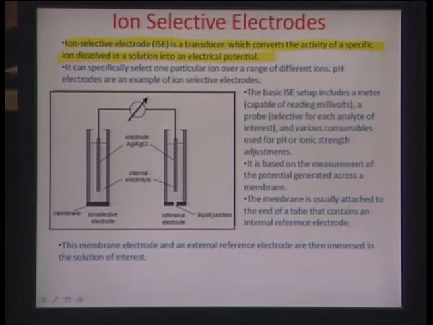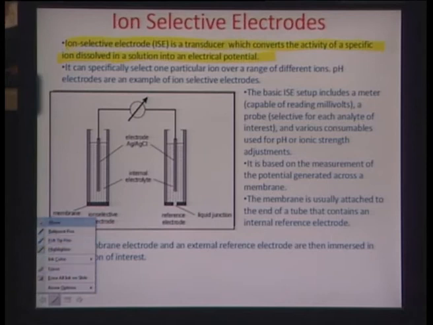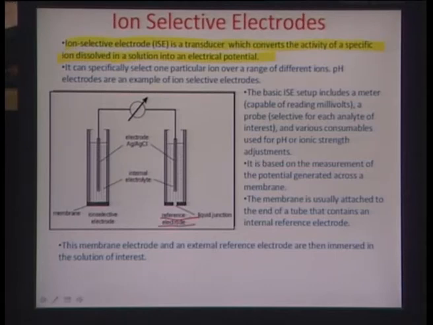Okay. So, the basic setup of an ion selective electrode can be represented here in this particular figure, and if you look at the setup you can see that there are two electrodes. One is the reference electrode which is made in a similar manner with a capillary and essentially a liquid junction, okay, like any reference electrode would be, and an electrode immersed inside a solution of standard or known concentration of ions, okay.